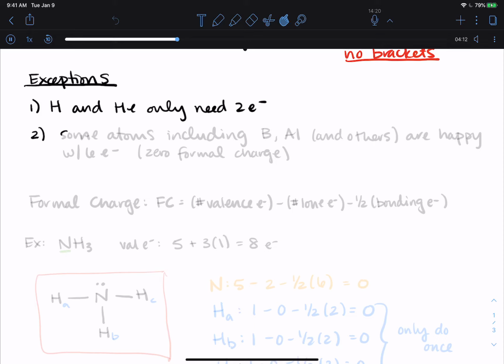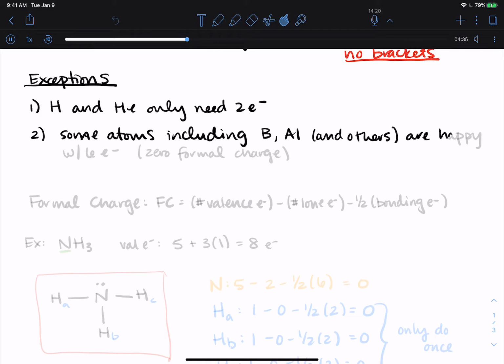So you will find that some atoms, including things like boron and aluminum and others, are happy with fewer than 8 electrons.